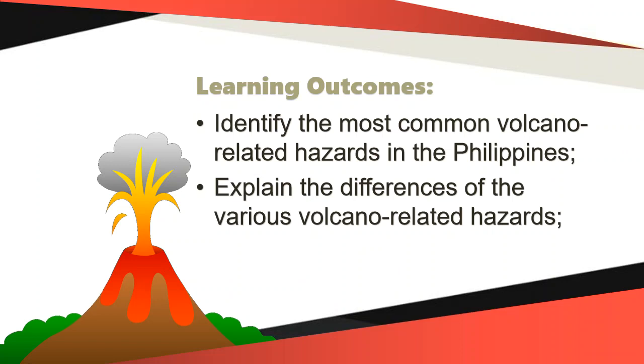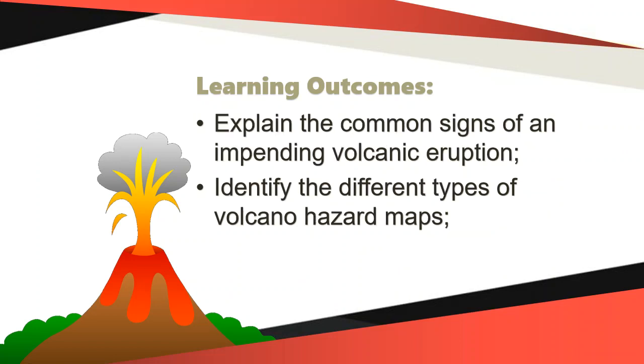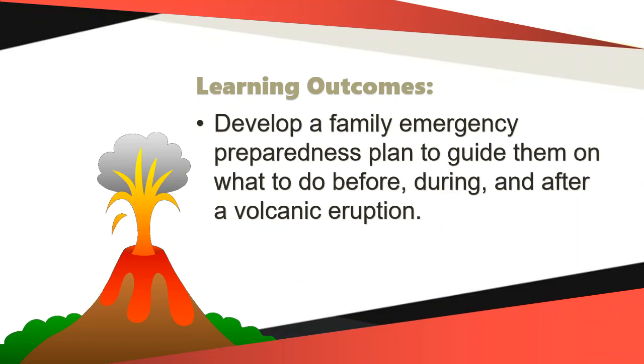Number 1, by the end of the lesson, you will identify the most common volcanic related hazards in the Philippines, explain the differences of the various volcano related hazards, explain the common signs of an impending volcanic eruption, identify the different types of volcanic hazard maps, and lastly, develop a family emergency preparedness plan to guide them to what to do before, during, and after a volcanic eruption.